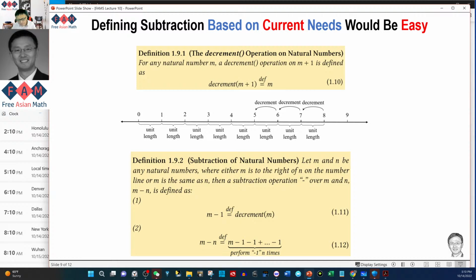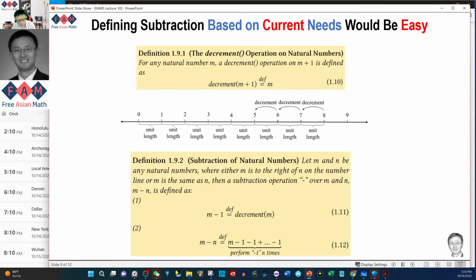We define m minus 1, just like how we did m plus 1, right? This is essentially the decrement operation we talked about. We have already taken care that m will not be 0. If m is 0, m minus 1 is not defined, but m minus 0 will be defined in the second one. We'll see that shortly.